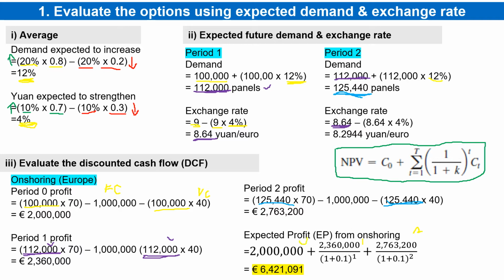So just input the numbers: 2 million euro plus 2,360,000 euro divided by 1 plus 0.1 to the power of 1, plus 2,763,200 euro divided by 1 plus 0.1 to the power of 2. And we got the expected profit from onshoring, which is 6,421,091 euro.